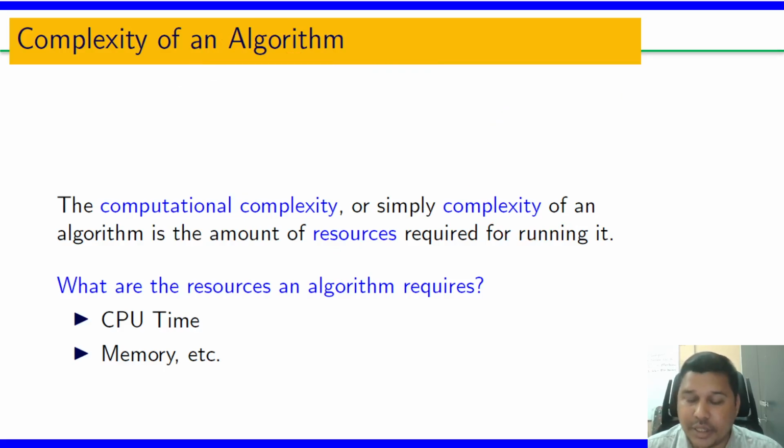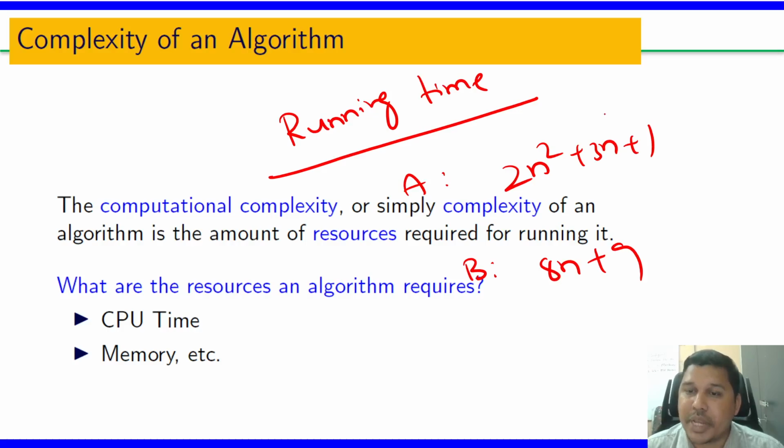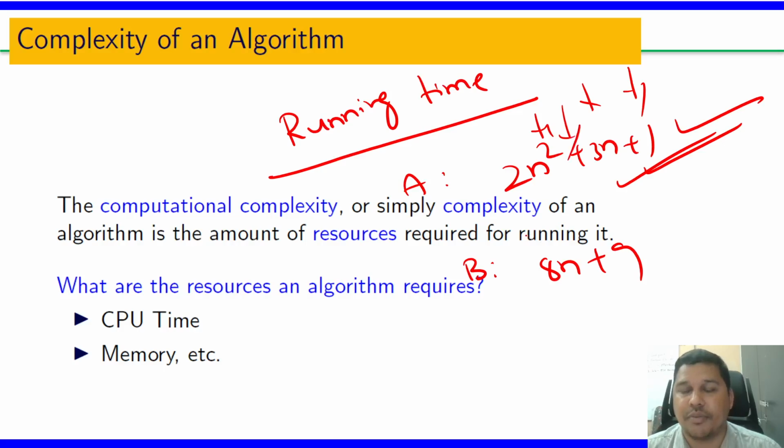In the same way, we cannot directly go with running time. With running time, we cannot conclude that A is 2n square plus 3n plus 1 and B is 8n plus 9, and that a particular algorithm is best, because when I give 1 this is best, when I give 2 this is best, when I give 3 this is best. Even if I give 4, this will be best, right?